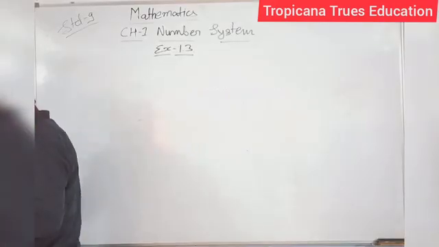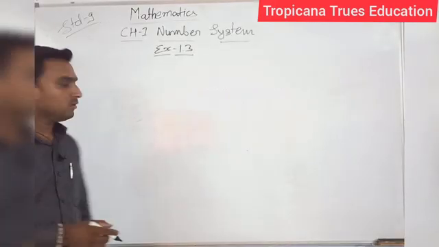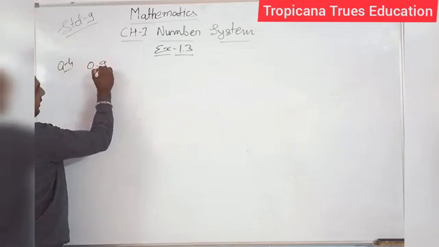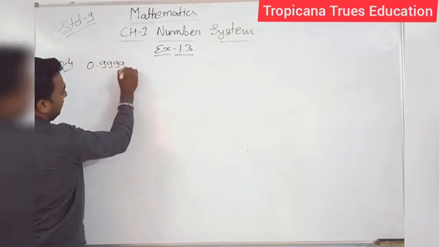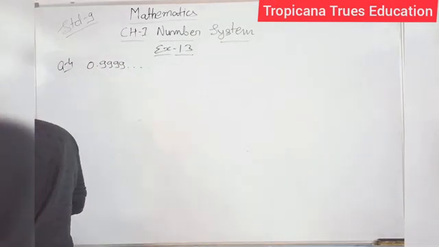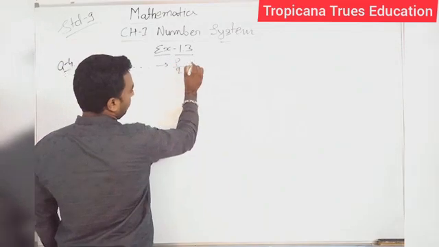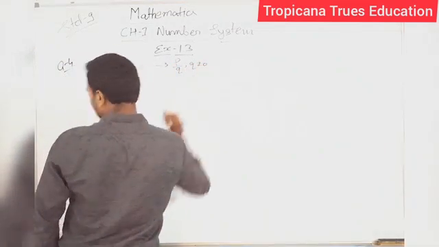In question number 4, it is given 0.999 bar, then write it in P upon Q form where Q is not equal to 0.